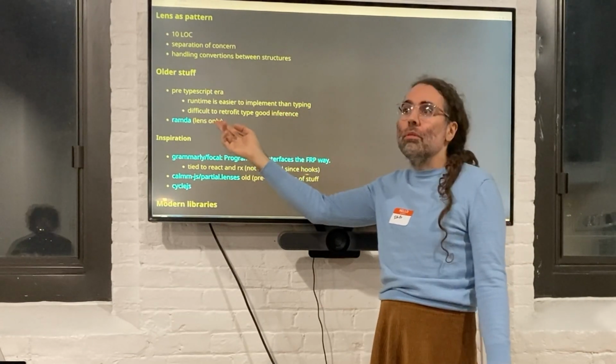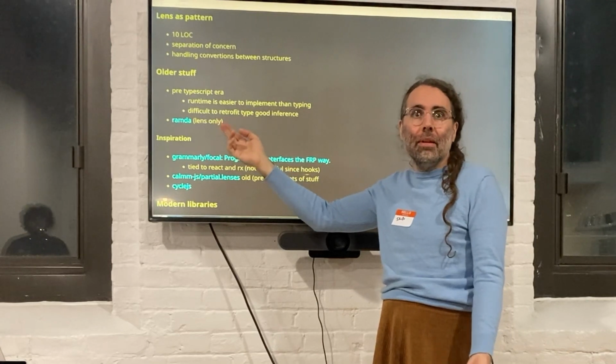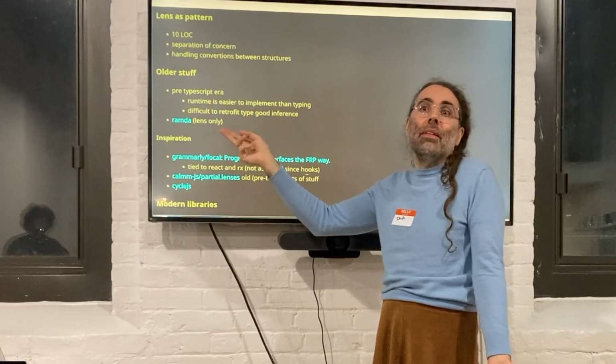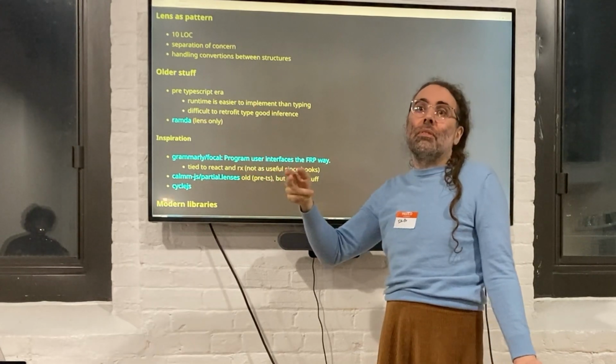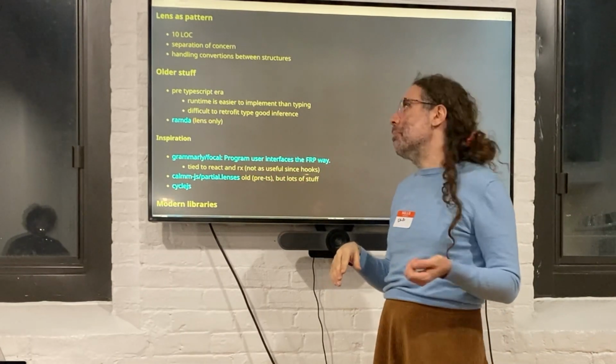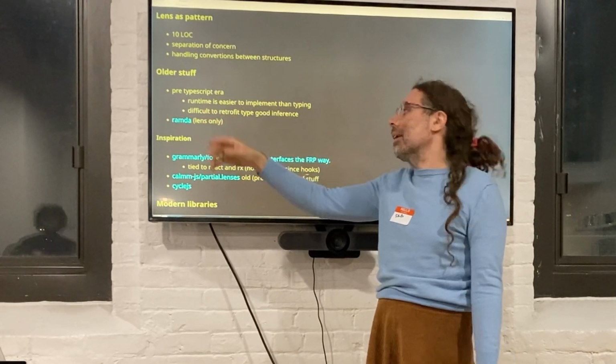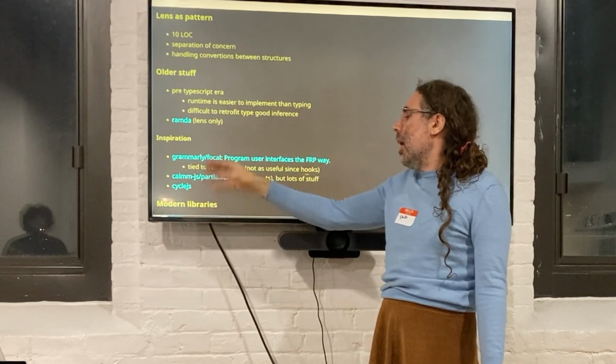So Ramda does support lenses. Nothing against Ramda. It's super well made, but it's just pre-TypeScript era, so you won't have the best experience. And it's only about lenses. You don't have all the other optics.